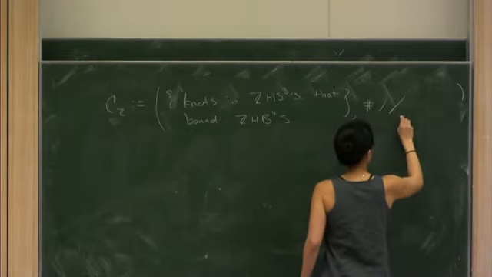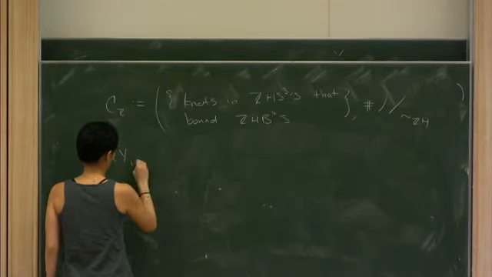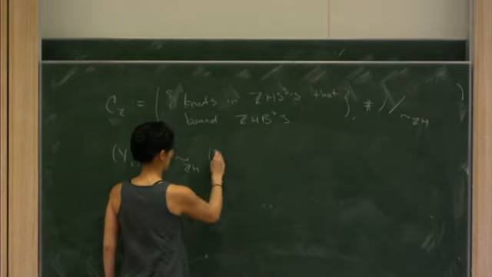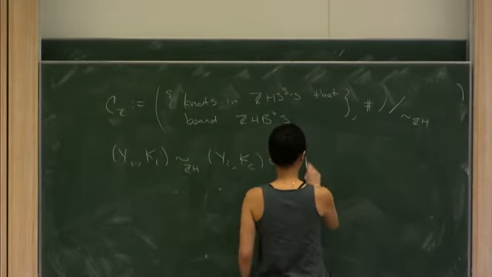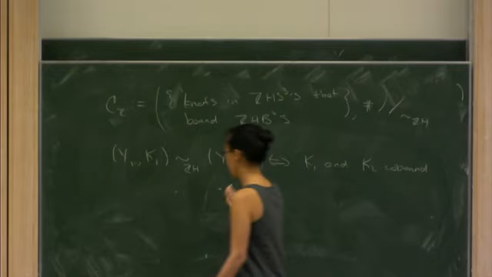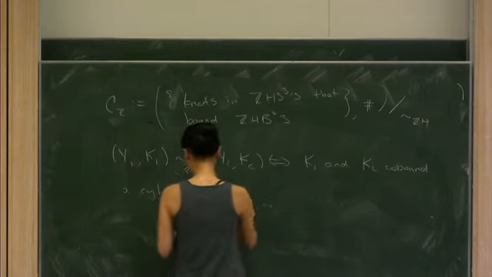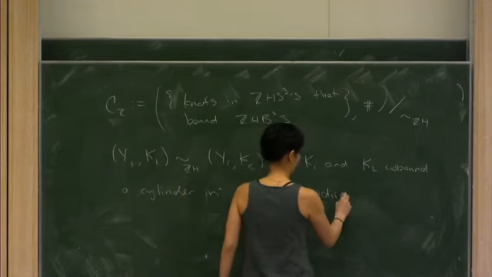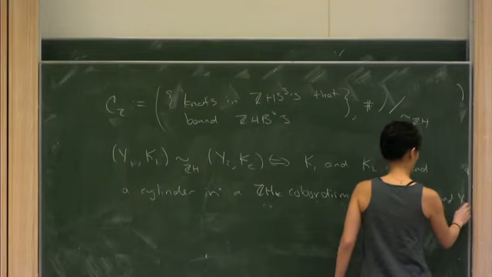And then we're modding out by this new sort of concordance where K1 in Y1 is integer homology concordant to K2 in Y2 if K1 and K2 co-bound a smooth, properly embedded cylinder in a homology cobordism between Y1 and Y2.